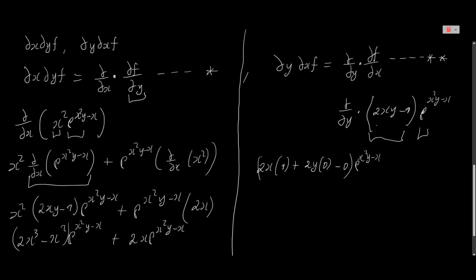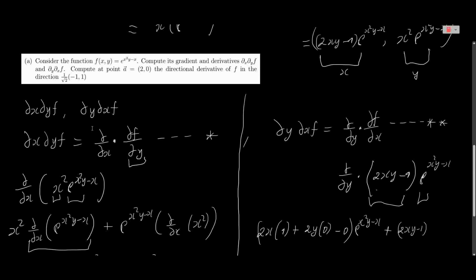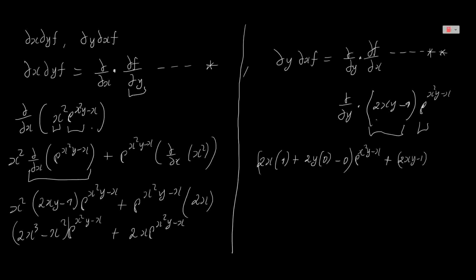Now plus, we keep 2xy minus 1 constant. We differentiate e raised to the power x squared y minus x with respect to y, and we saw from above that the derivative is simply x squared e raised to the power of that function. As simple as that, you don't need to recalculate. So the derivative is x squared e raised to the power x squared y minus x.